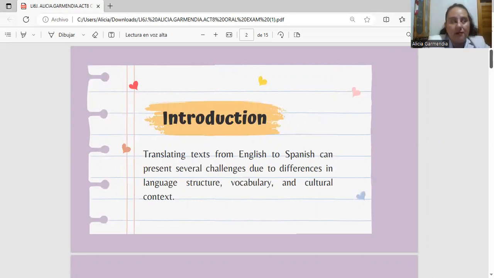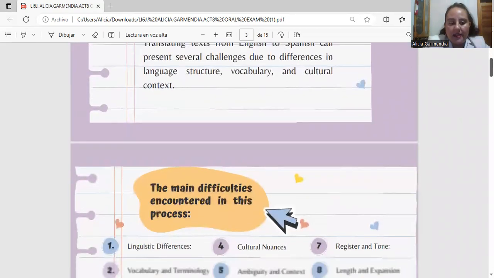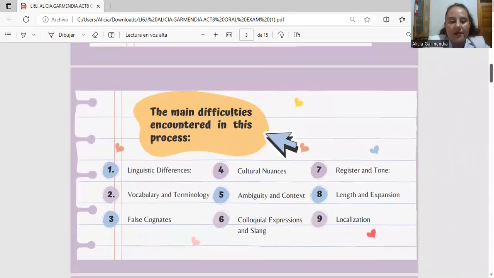The main difficulties encountered in this process are linguistic differences, vocabulary and terminology, false cognates, cultural nuances, ambiguity and context, colloquial expressions and slang, register and tone, length and expansion, and localization.